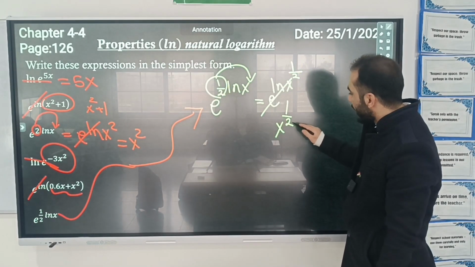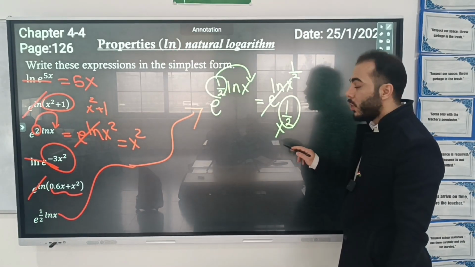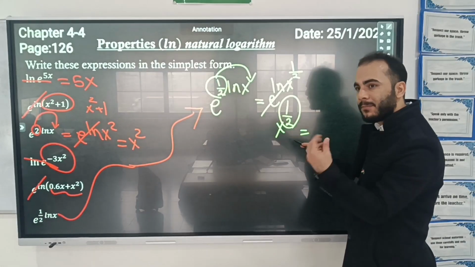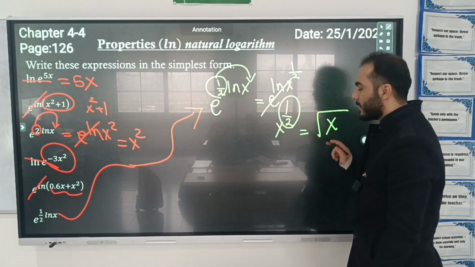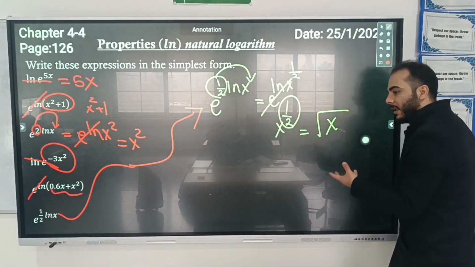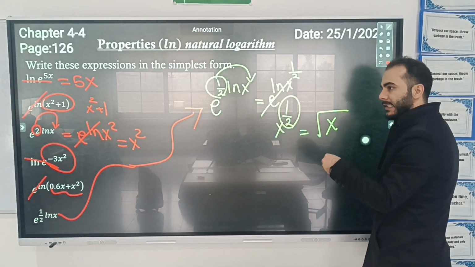For instance, right now the exponent is 1 over 2, so the final result in the simplest form equals square root of x.